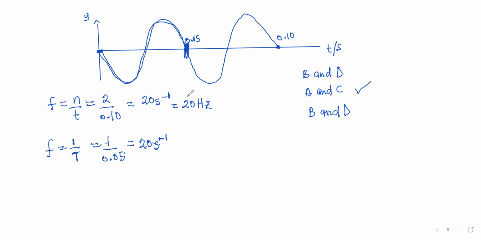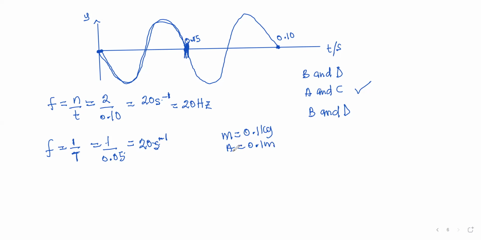A point particle of mass 0.1 kilogram is executing SHM of amplitude 0.1 meter. So the mass is 0.1 kilogram, executing SHM of amplitude 0.1 meter.